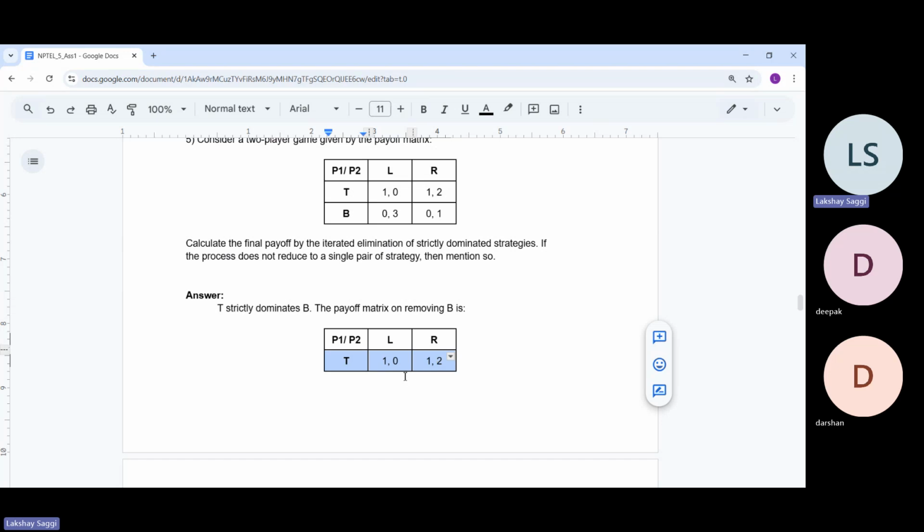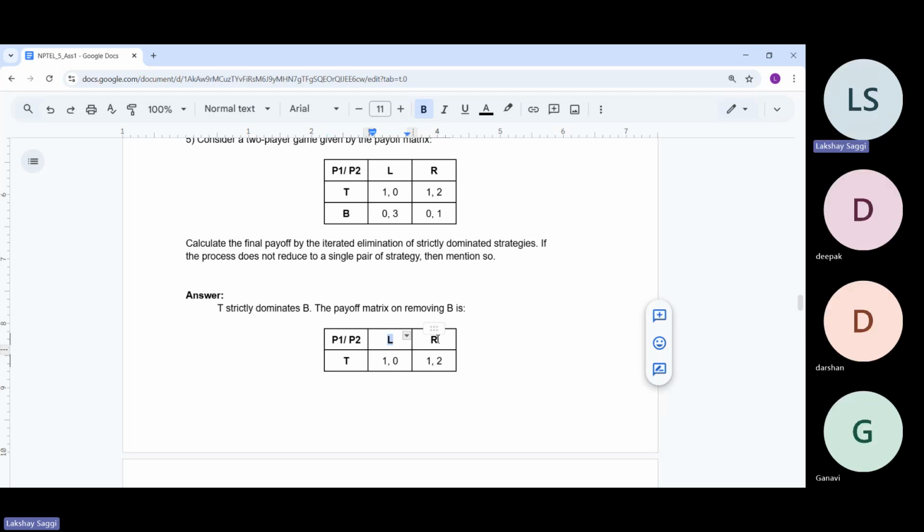And now in this, we again check if there is a dominating strategy or not. So we again compare the strategies L and R to see if one of the strategies strictly dominates the other. And you can actually see that since the row player can only play T, between L and R, if the column player played R, then the payoff is 2.